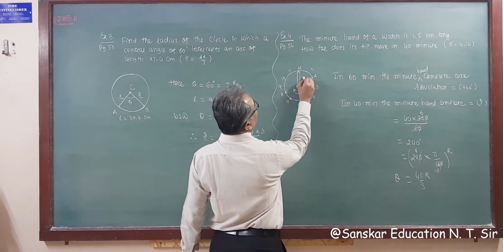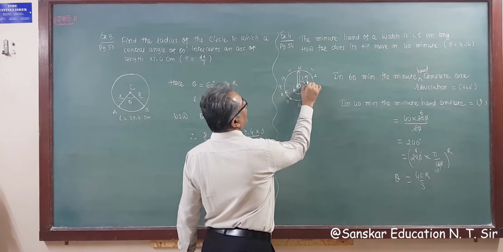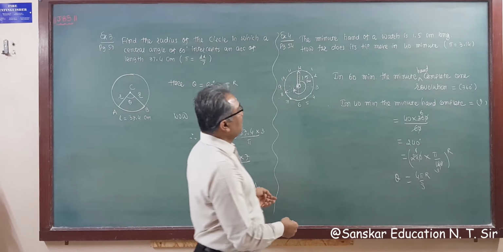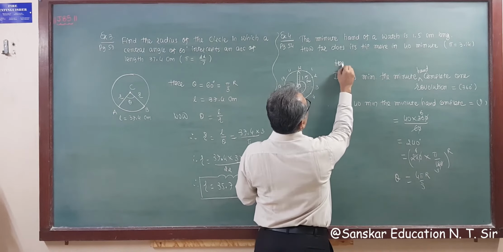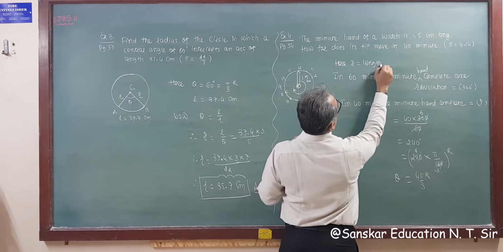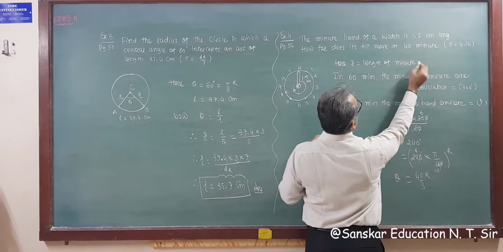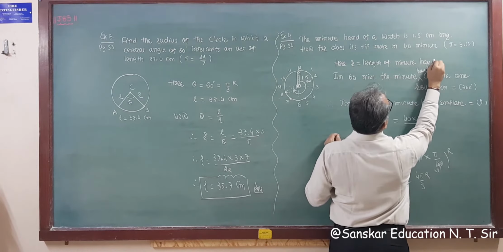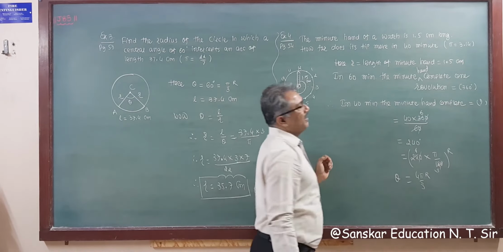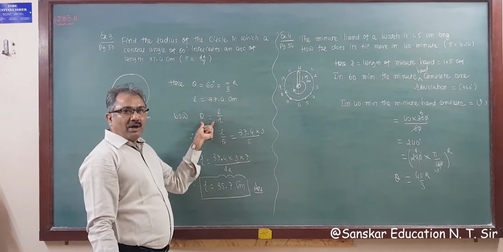Means this is the length of the watch hand, 1.5 centimeter, and that is the radius of the circle, that is R. So here R is equal to the length of the minute hand, is equal to 1.5 centimeter, right?